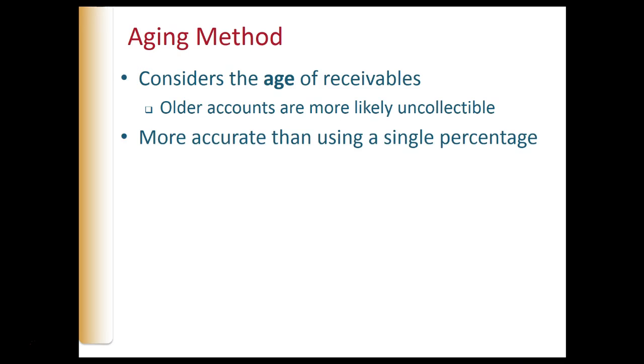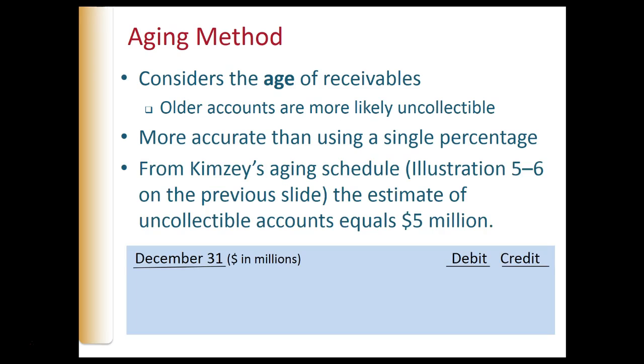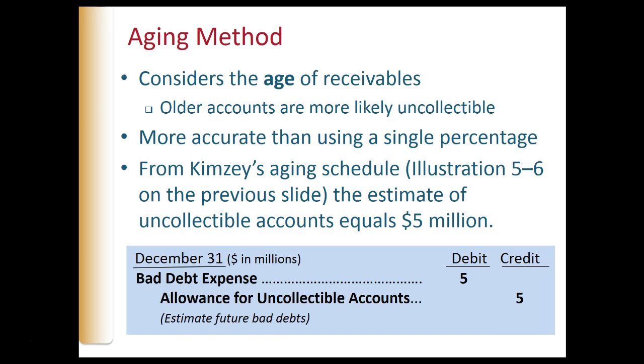Notice that when using the aging method, the journal entry to estimate future bad debts is identical to the journal entry made using a single estimated percentage. The difference is that the estimate of bad debt is likely to be more precise because it is based on the age of accounts, and older accounts are more likely uncollectible.